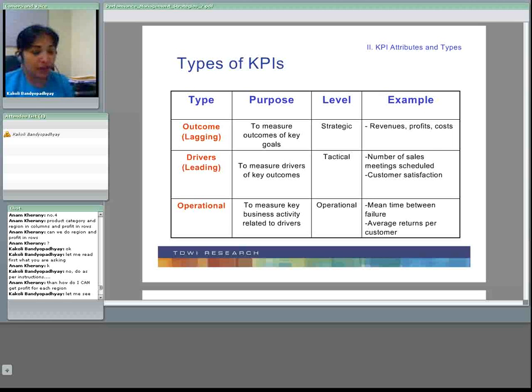Then it has a series of processes, four steps: strategize, plan, monitor and analyze, and then act or adjust. Then we talked about what is KPI, the 6 features of KPI, and then what are the different types of KPI, and what are the different types of targets. So this is your chapter 9.